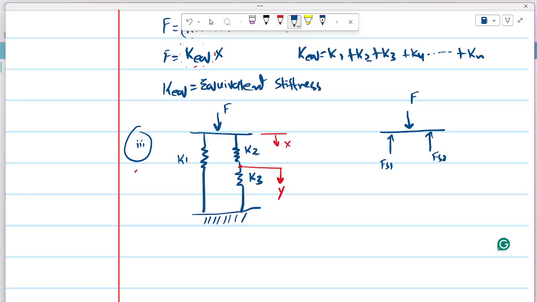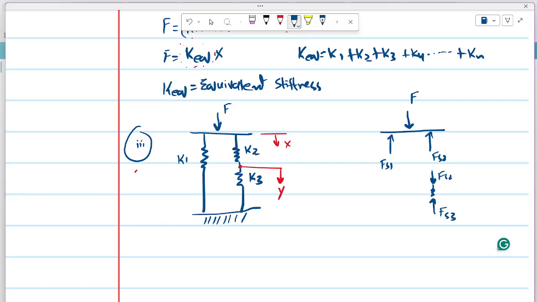But at node 2, by Newton's third law, this will have an opposite effect on the node, like we have discussed previously. So it will be Fs2 for the second spring, and then the third spring is pulling it, opposing the applied force, Fs3. That's the free body diagram for this system.